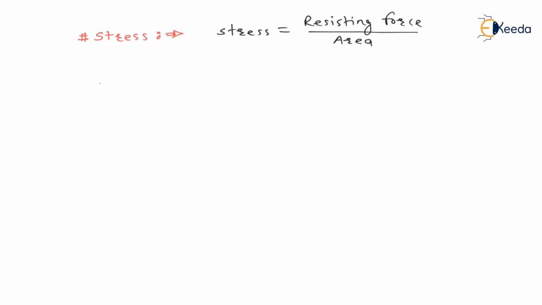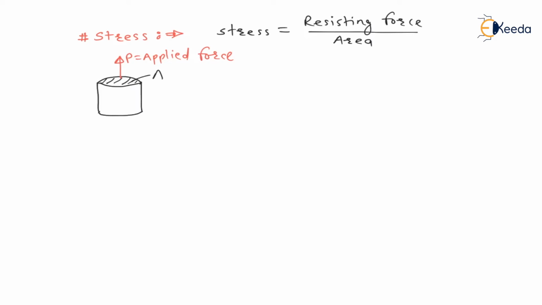Let's say if I consider one element, and for this element I am applying force on this area. Let's say P is the applied force, and the force is applied on this hatched area.